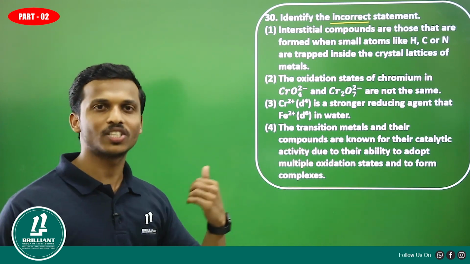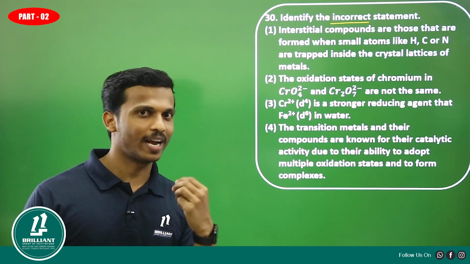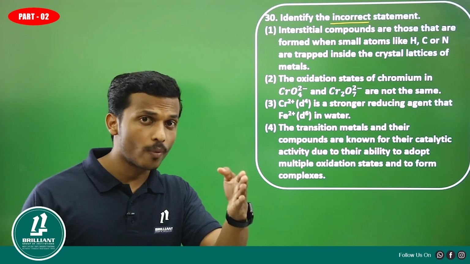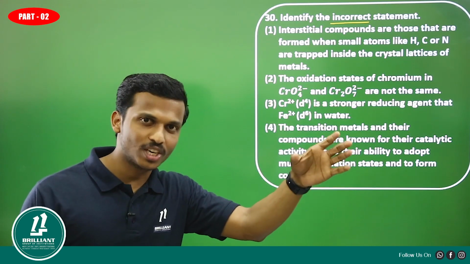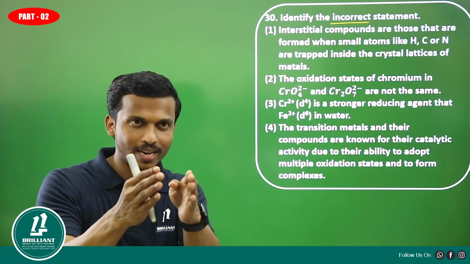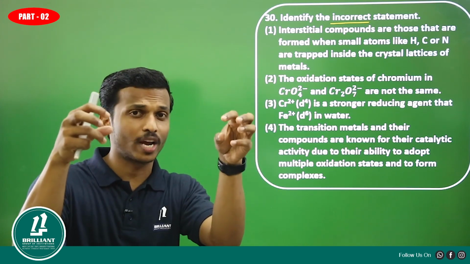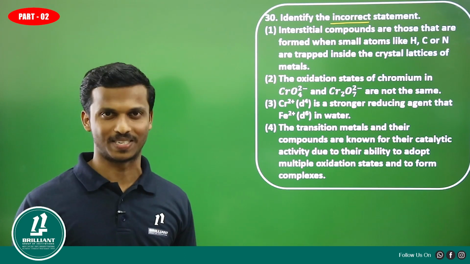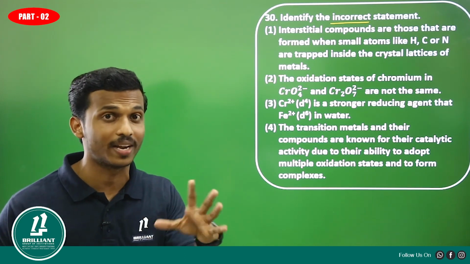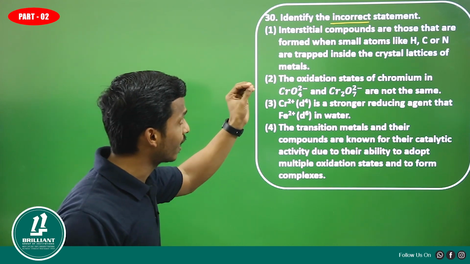We studied this in the hydrogen chapter. There are 3 types of hydrides: ionic hydride, covalent hydride, and interstitial hydride or metallic hydride. Interstitial hydride means small elements like hydrogen, carbon, nitrogen are trapped inside the crystal lattice, right? That is called interstitial hydride. Yes, that is a correct statement.